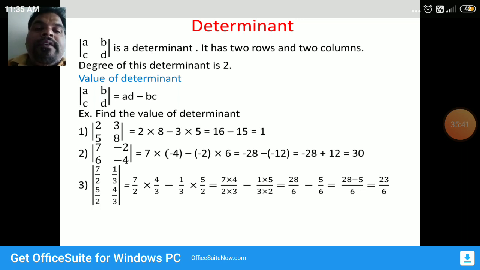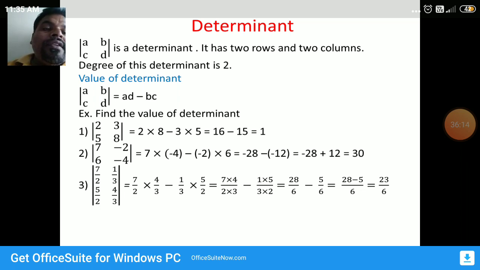Then second, the determinant is 7, minus 2, 6, minus 4. The value of this determinant is 7 into minus 4 minus minus 2 into 6. Now 7 into minus 4 is minus 28, and minus 2 into 6 is minus 12, so minus 28 minus of minus 12 gives plus 12.